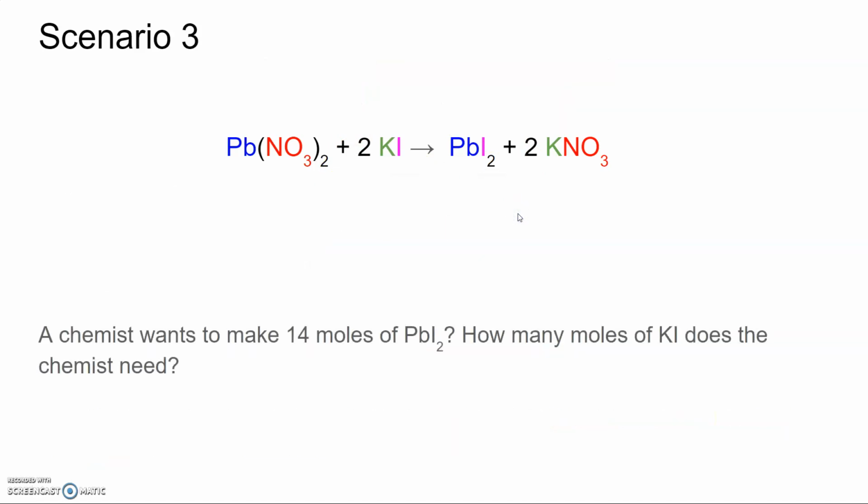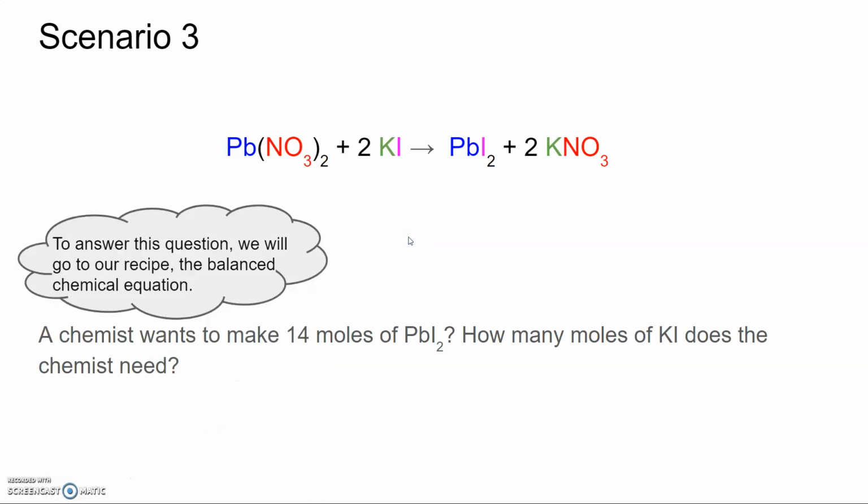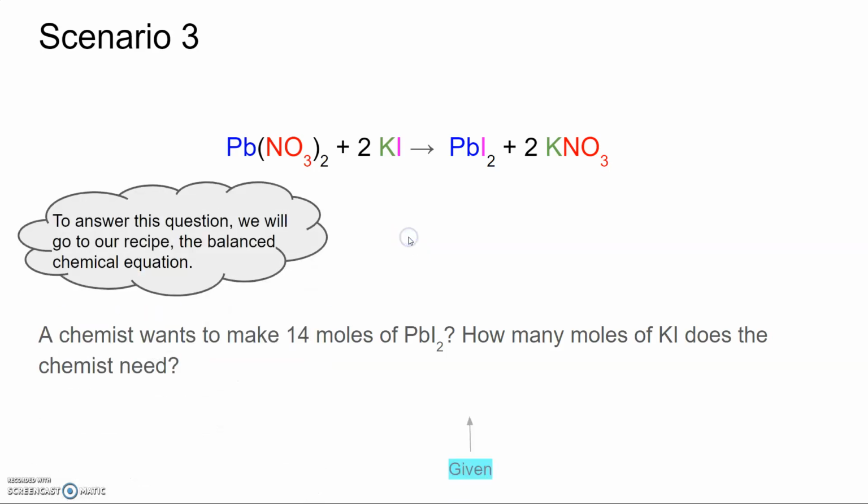Now, what if instead of making just 1 mole, the chemist wants to scale that reaction up to make 14 moles of lead iodide? How many moles of potassium iodide does the chemist need? And remember, potassium iodide is KI and lead iodide is PbI2. So if you have 14 moles of PbI2, how many moles of KI do you need? Well, again, we go to our balanced chemical equation, and we're given lead iodide once again, and we're trying to find potassium iodide.